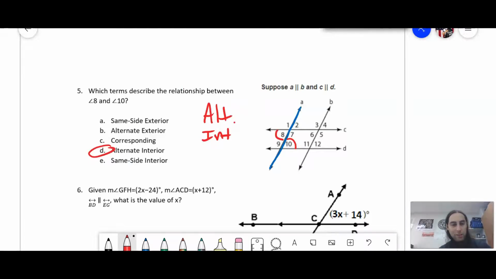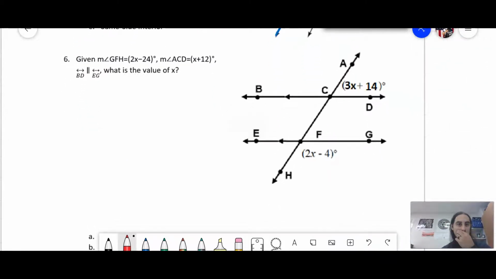All right, number 6. Now this is actually going to take a little bit of work, but we can do it. So given GFH down here, this is an obtuse angle. And then given ACD over here, that's an acute angle. So they are not the same, right? And my transversal is right here.